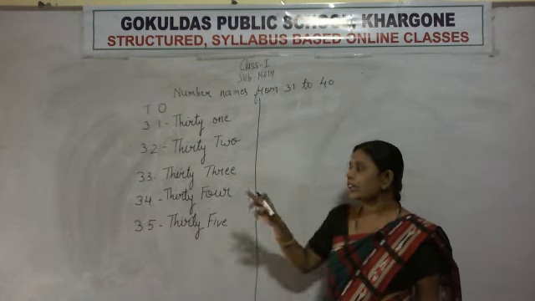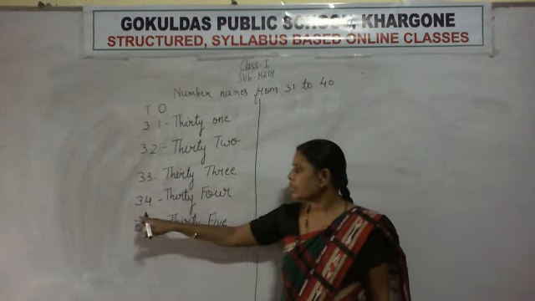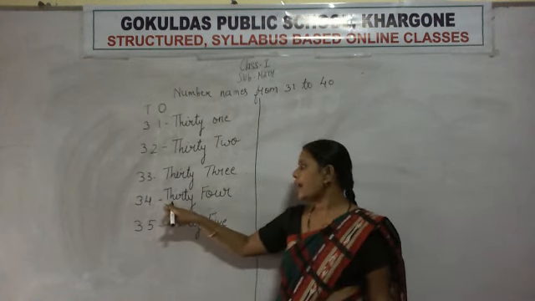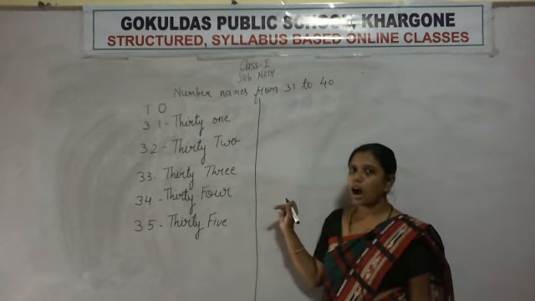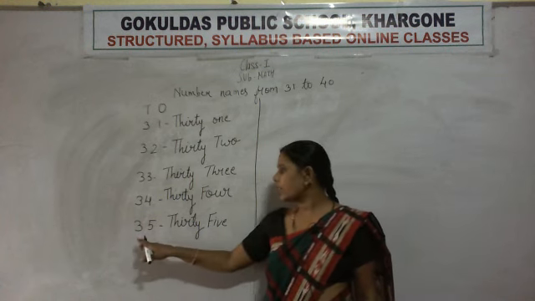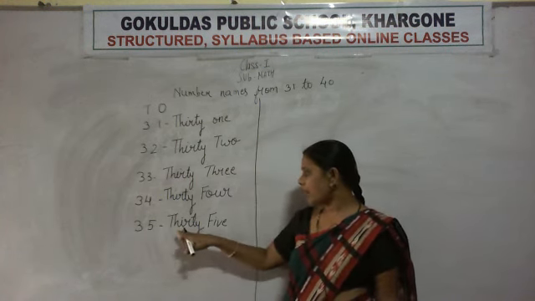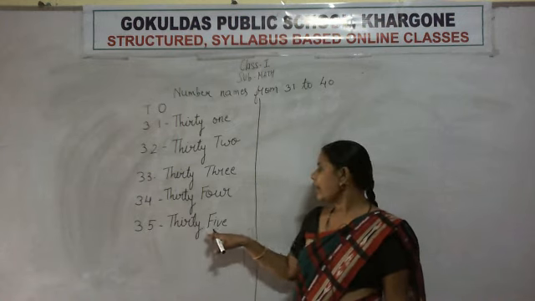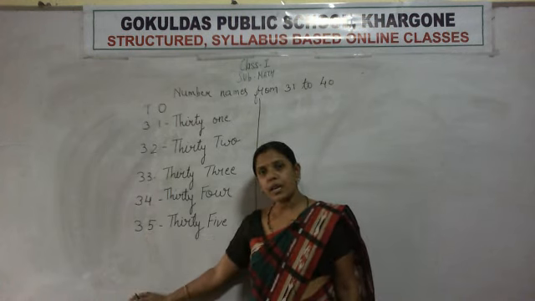THIRTY, 30, THREE, 33. After 33, 34. THIRTY, 30, FOUR, 34. After 34, 35. What is the spelling of 30? THIRTY, 30, FIVE, 35.